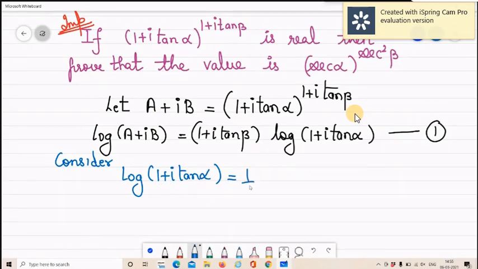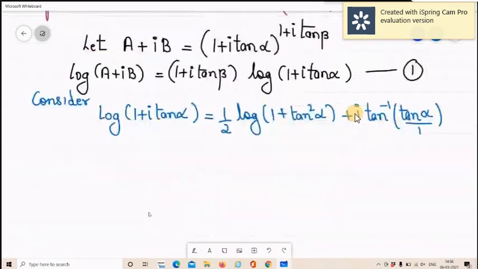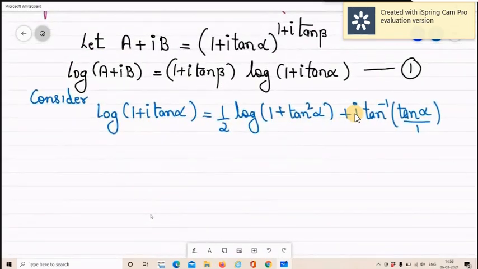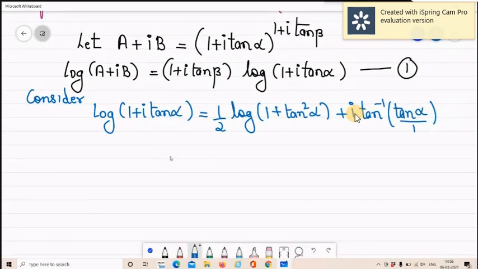So this will be written as half log of 1 plus tan square alpha plus I tan inverse of tan alpha upon 1. Is it understood? So what is 1 plus tan square?